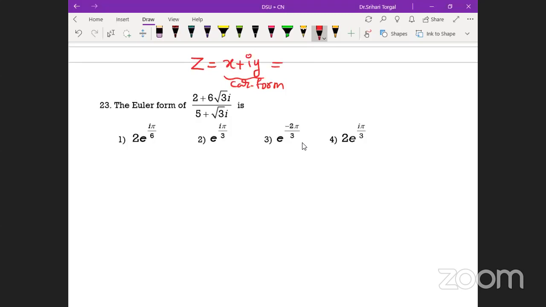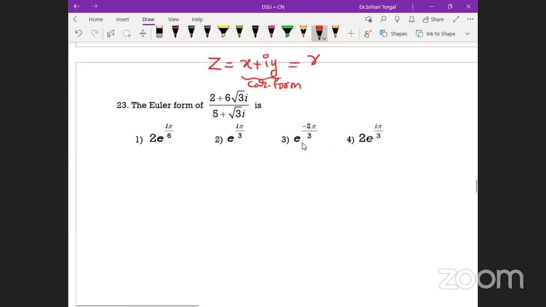And to solve many problems we use another form, that is r into cos theta plus i sin theta, which we call Argand form or modulus amplitude form. That is what we have discussed just now.